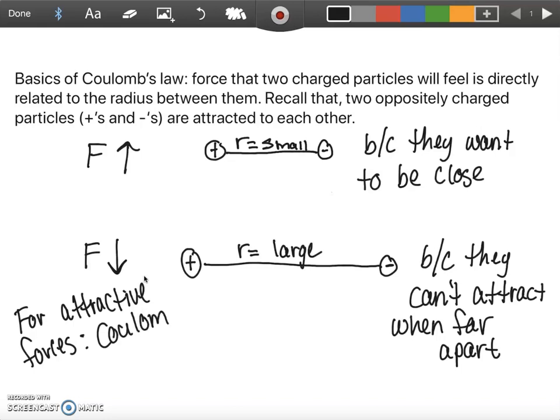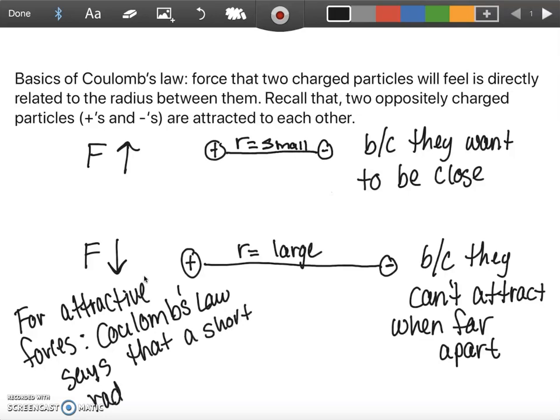Coulomb's law says that a short radius or small radius equals large attraction. Okay.